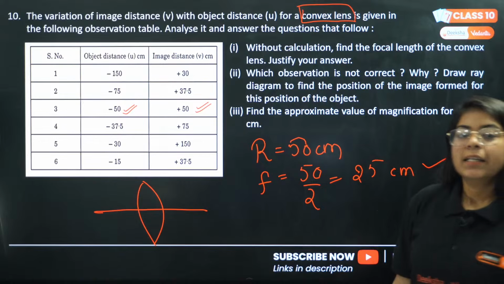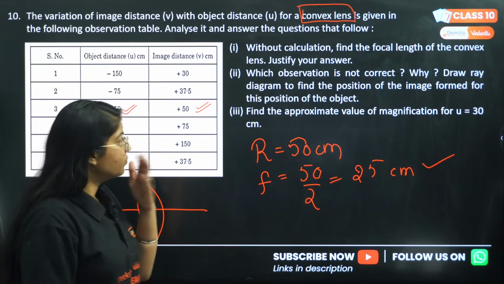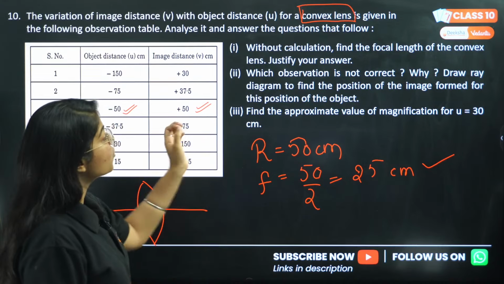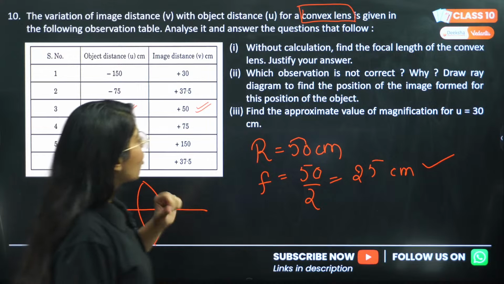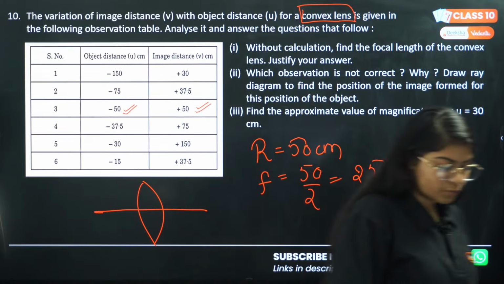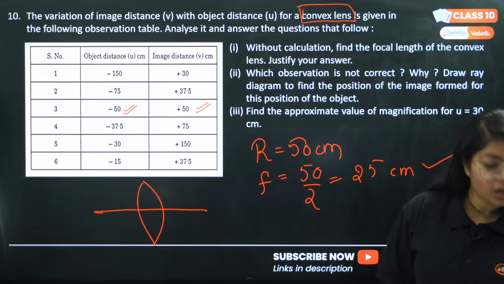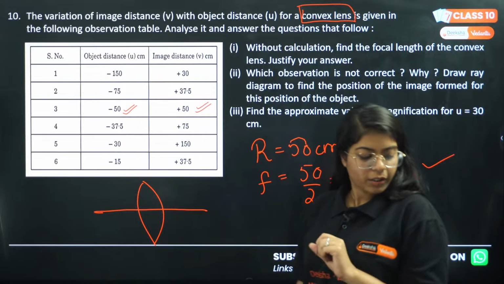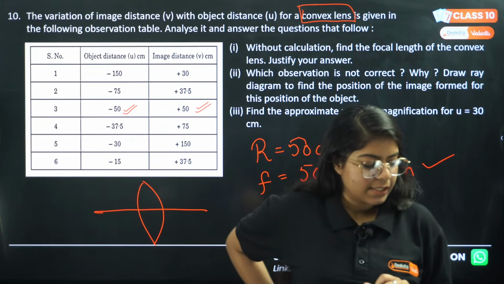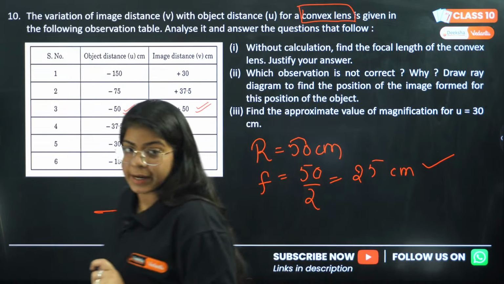Correct? Now, second question says, read it carefully. Which observation is not correct? Why? Draw a ray diagram to find the position of image formed for this position of the object. First, you have to tell me which of the observation is not correct. Can you see? Yes, center of curvature. Can you tell me which observation is not correct?